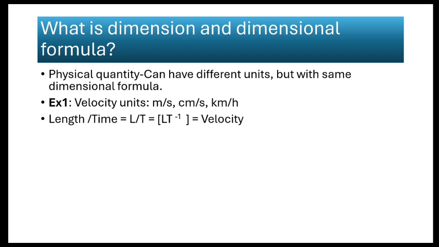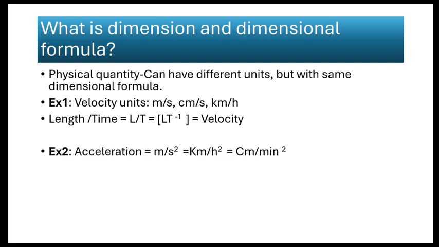This [L T^-1] is the dimension formula of velocity. Velocity is nothing but length by time, so that is meter per second or kilometer per hour, but its dimension formula is length by time.